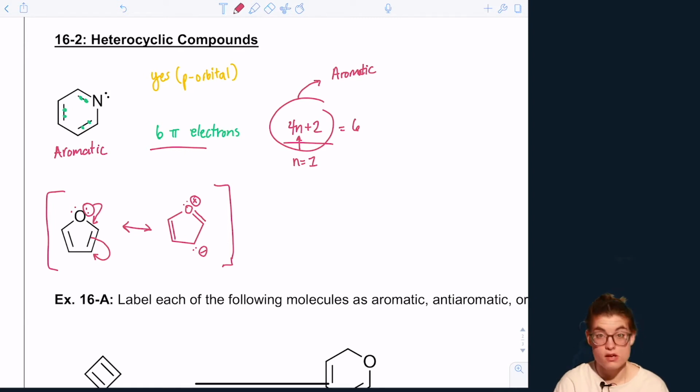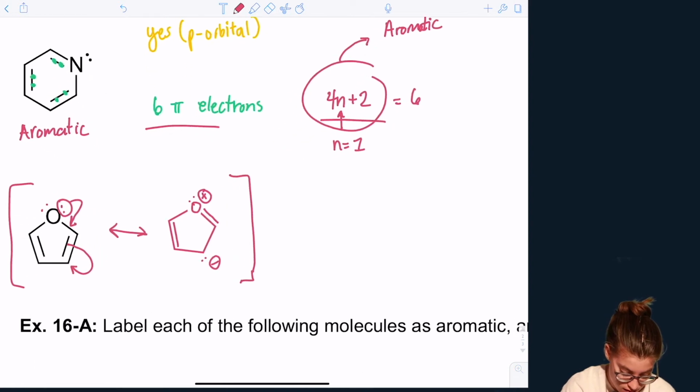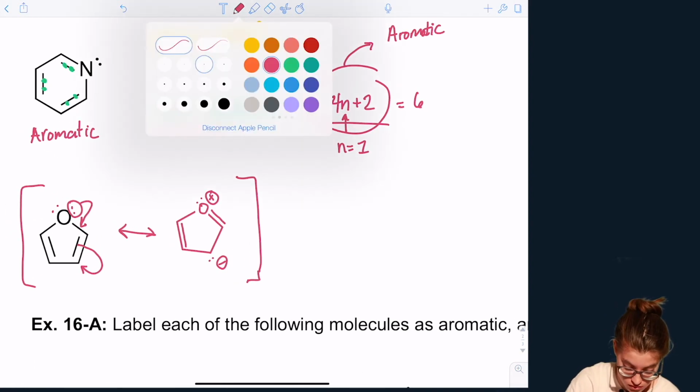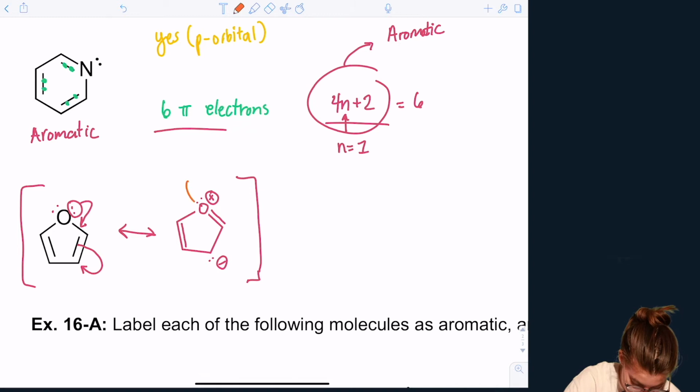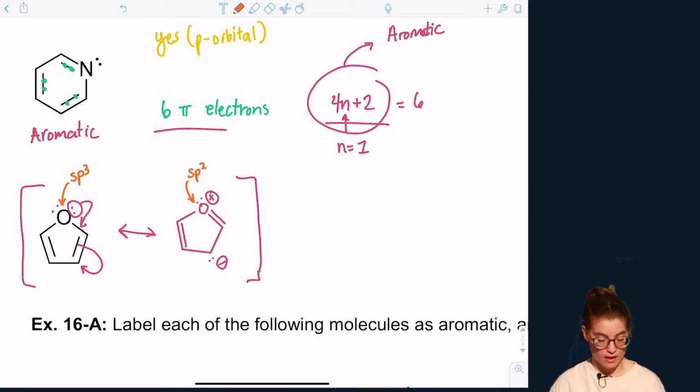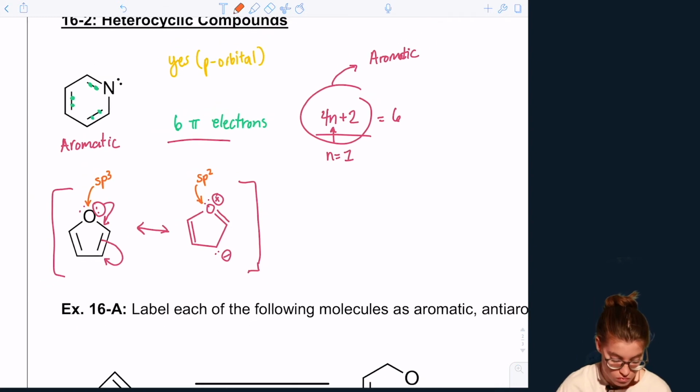So there is a resonance structure, and looking at the same oxygen in the other resonance structure, what is the hybridization of that oxygen? Because over here, this oxygen is sp3 hybridized, but on the right side, our oxygen is 1, 2, 3, sp2 hybridized.